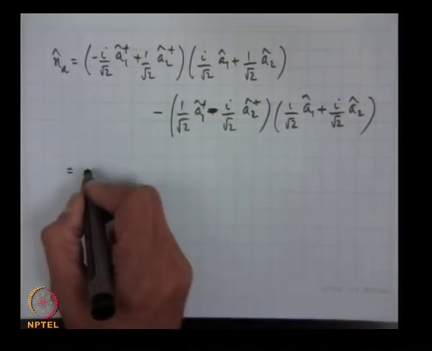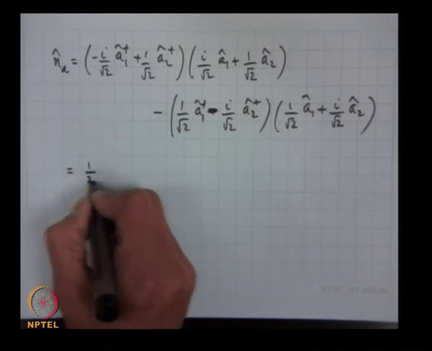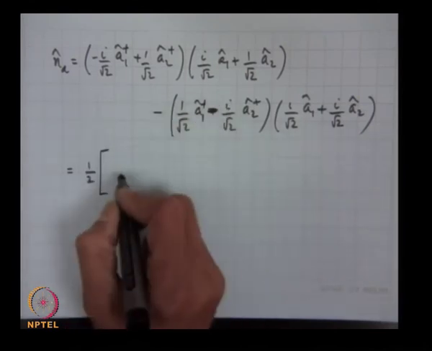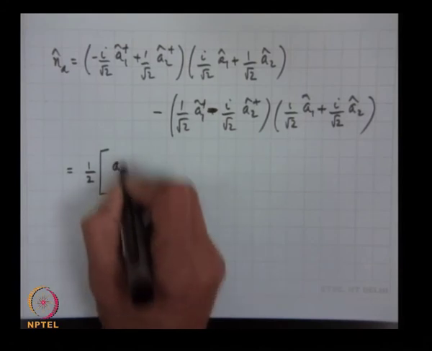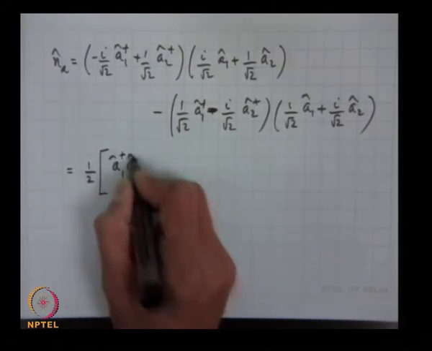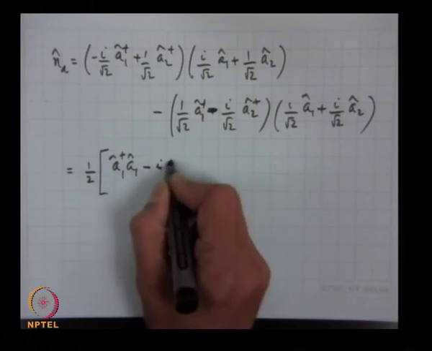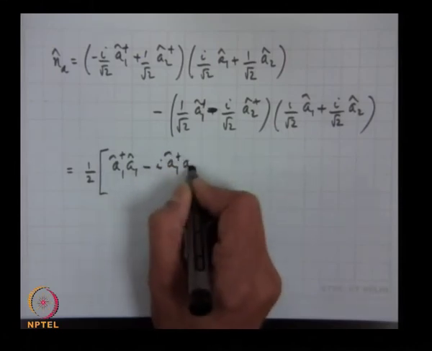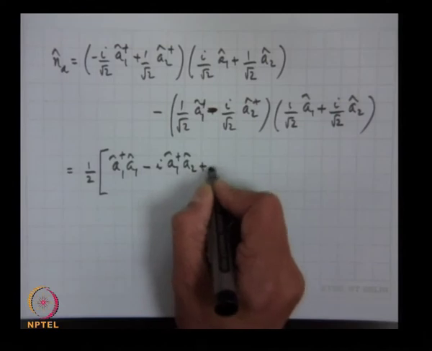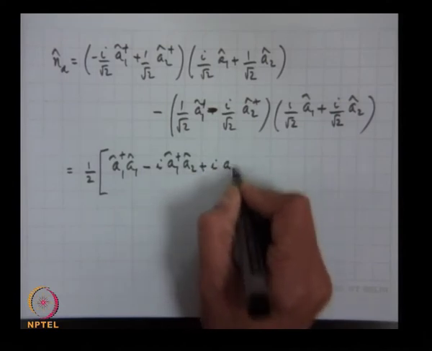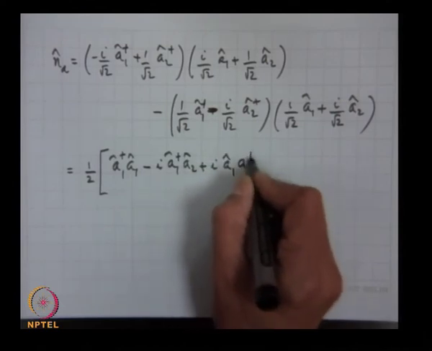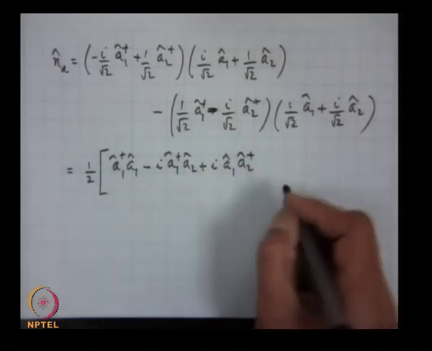Let me expand this. So 1 by 2 comes out from everywhere. So I'll have A1 dagger A1 minus i A1 dagger A2 plus i A1 A2 dagger. A1 and A2 commute. They are two different modes.